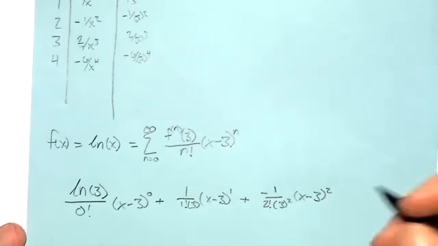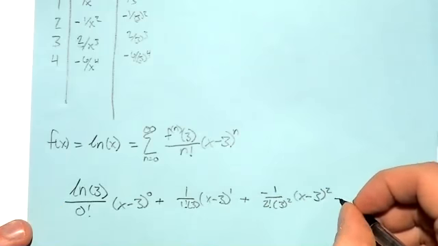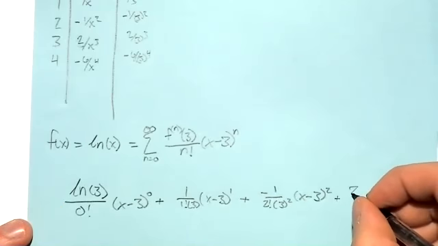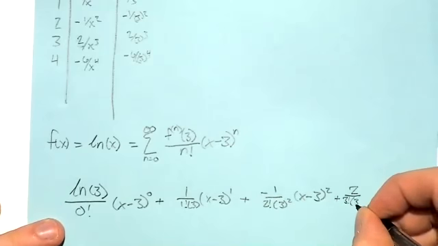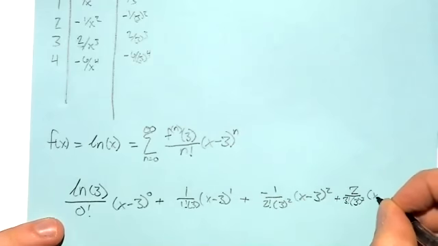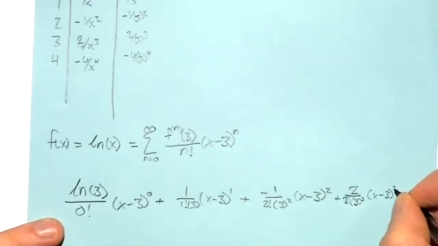And then just one more, why not? We'll have plus 2 over 3 factorial times 3 to the third times x minus 3 cubed. Okay.